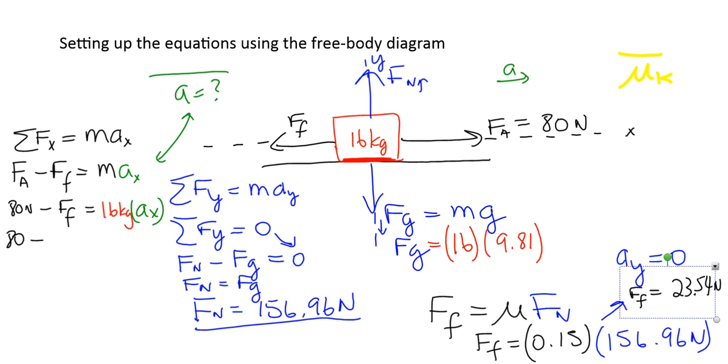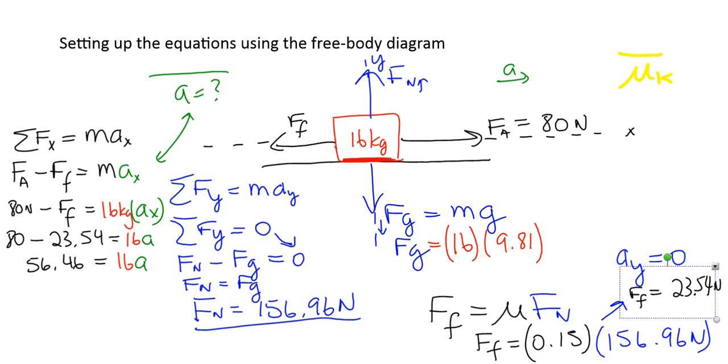I'm just going to get rid of the units for the time being to simplify the algebra. And we've got 16 times a here. So all we have to do now is do the subtraction on the left side, which is going to be 56.46. And that's going to equal 16a.